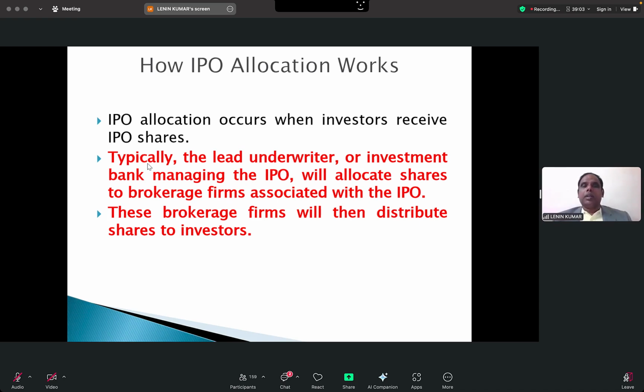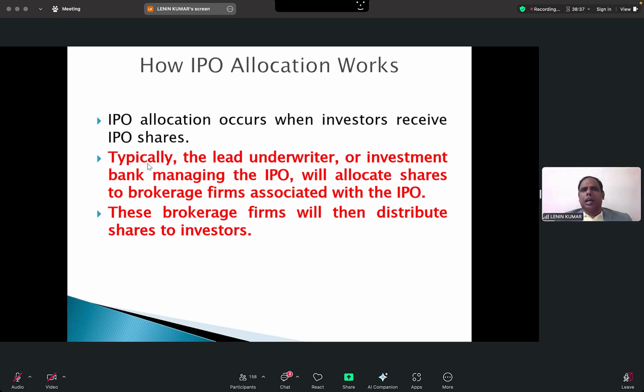Okay, typically the lead underwriter. Suppose, as I told you, some companies will have two or three banks as underwriters. The bank that has promised more money is called the lead bank. In our example, imagine Lulu is shortlisting three banks as underwriters: Rank Bank, NBD, and Dubai Islamic Bank.